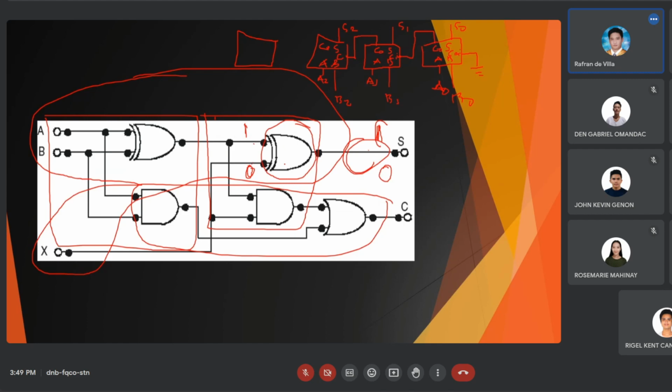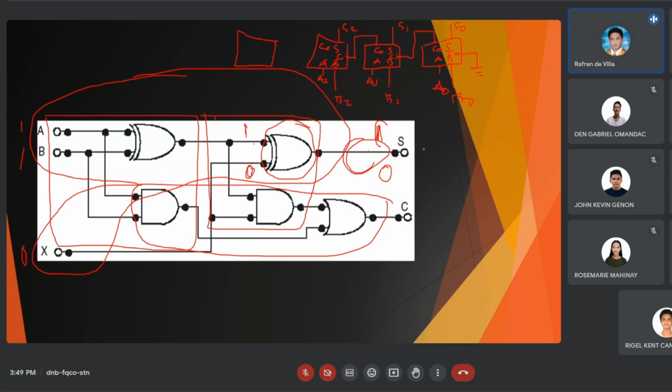Okay? So again, these are mga troubleshooting techniques ba nga dapat niyo may baw-an. How will you know kung ang output nimo is correct base sa given input? So first, magbase ka sa truth table. So let's say for example, naka-input diri nga 1, 1, 0.